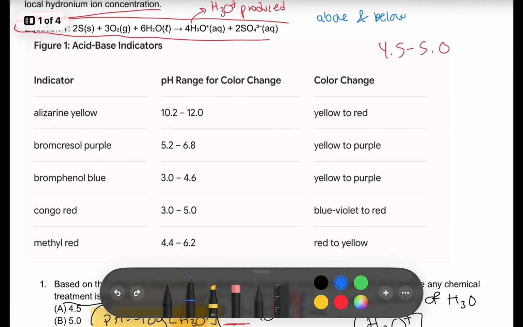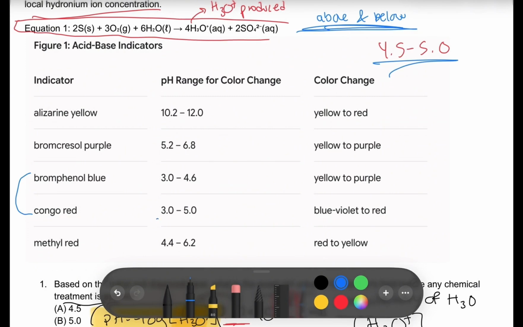So if we look first between Congo red and Bromophenol blue, we can see that they both start at 3.0. Now the main problem with these two indicators is that this range here, 3.0 to 5.0, overlaps with this one. So it's not that useful when it comes to narrowing down our options. Now, even though 4.5 does fall below 4.6 and 5 falls right around the range, the matter at hand is not that these numbers have to fall directly inside the range, but that we need a clear upper and lower boundary, so above and below.